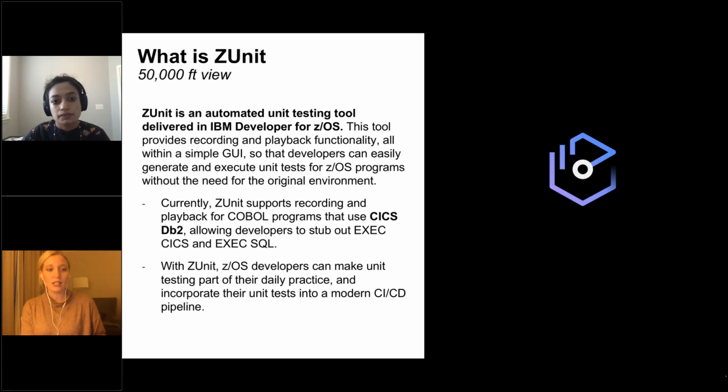The current support is for CICS and Db2 for COBOL programs, so that means EXEC CICS and EXEC SQL calls. And most importantly, as we're talking in this session, with zUnit, z/OS developers can make unit testing part of their daily practice. And these tests can be incorporated in their modern CI/CD pipeline. And Suman will be showing that as well.